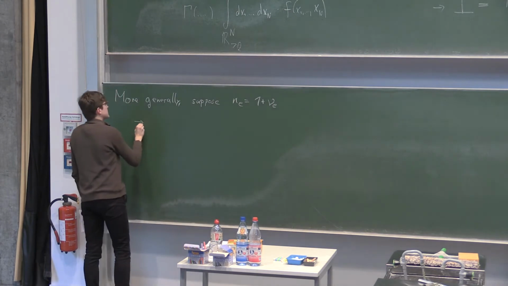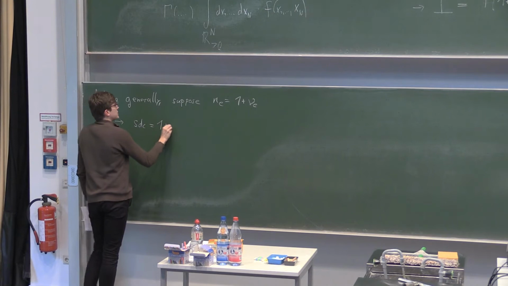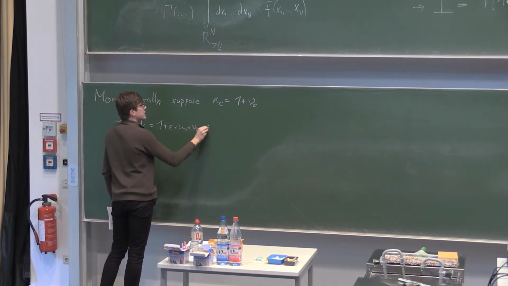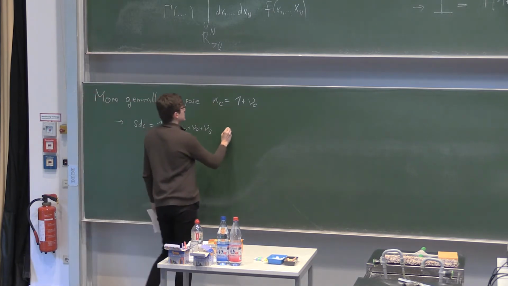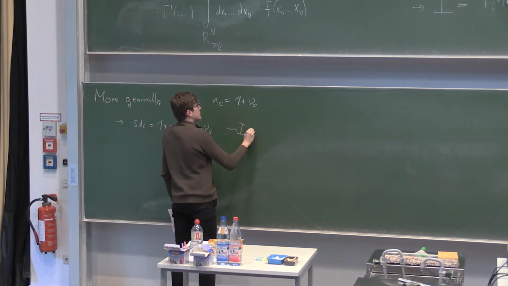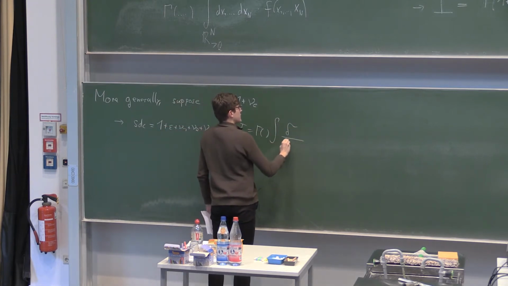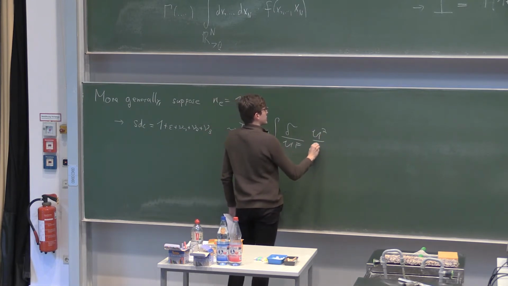Well, what happens? Well, the superficial degree of convergence is now 1 plus epsilon plus nu_1 plus nu_2 plus nu_3. And if we work out what the integral representation is, we still have the gamma function, we have the integral, we have the delta, we have the U F, we have the U squared over F to the epsilon.